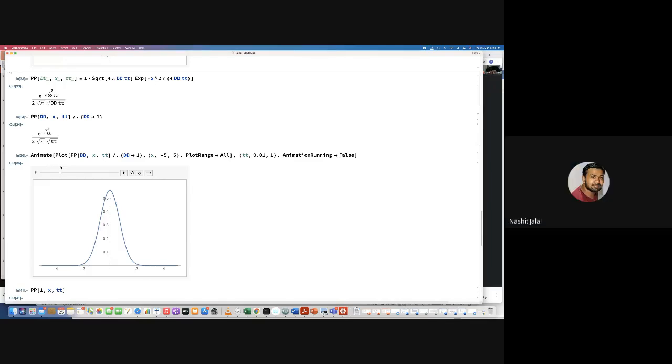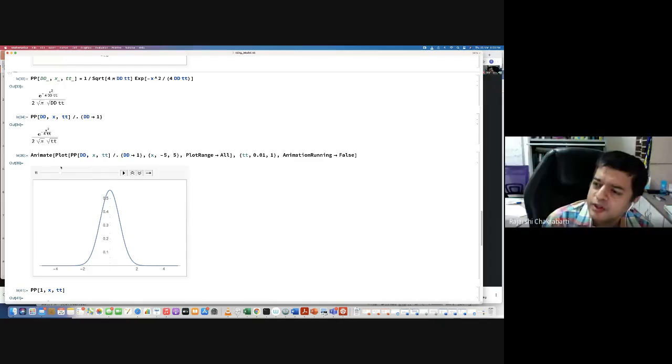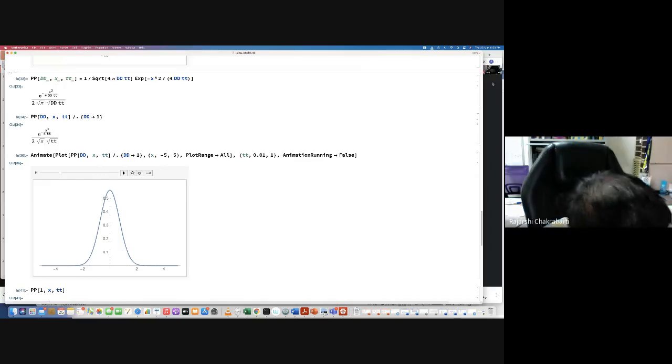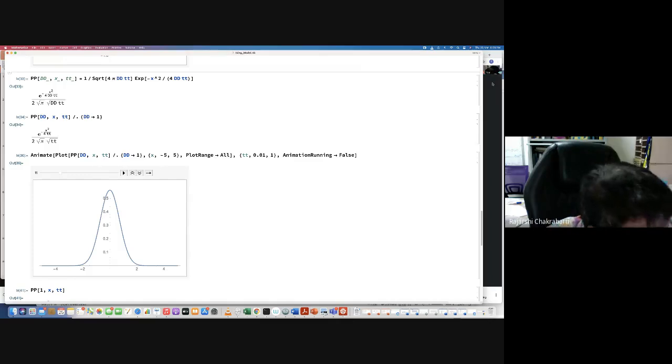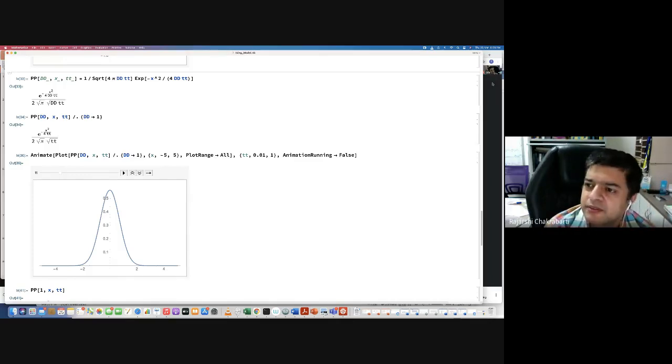Suppose at t equal to infinity, in case of multiple particles, the density becomes constant. If it is multiple particles, then if you integrate the density, that will give you the total number of particles, which is n. If it is a single particle, if you integrate the density over space, it will give you 1. There are two descriptions: one is the single particle description, another one is the n particle description.